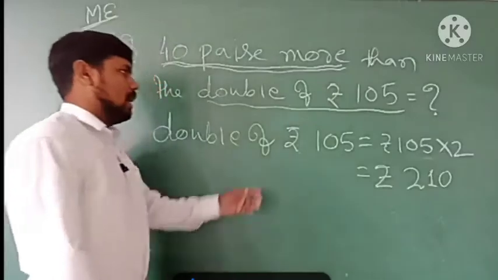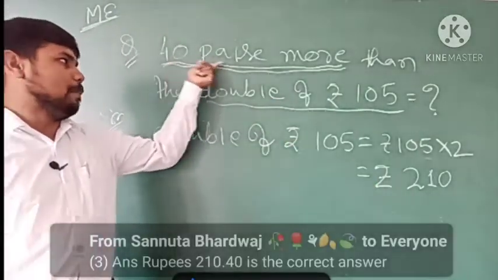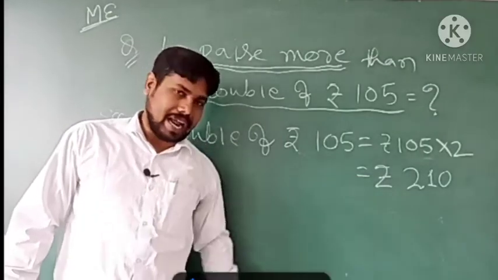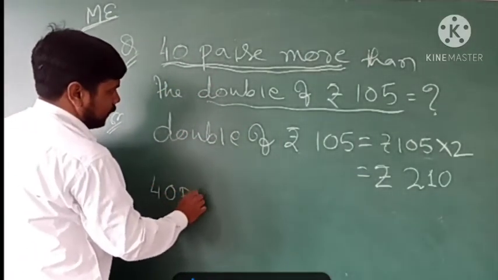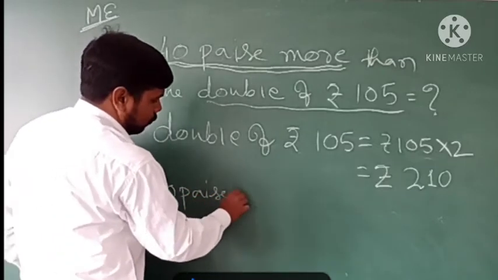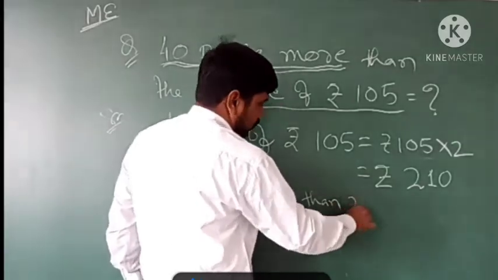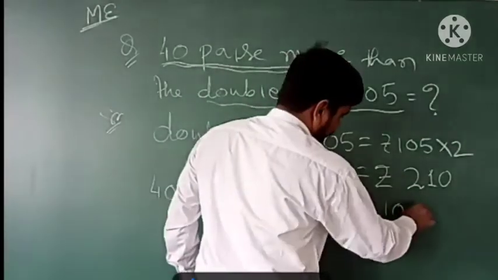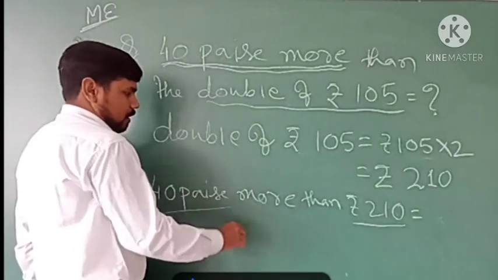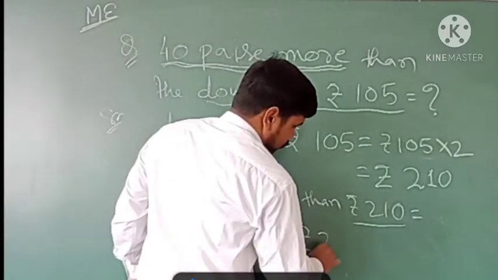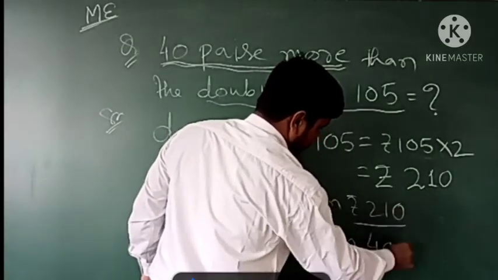So the double of 105 means 210 rupees. Then 40 paise more, so you have to add 40 paise. So 40 paise more than rupees 210 is equal to 210 plus 40 paise. So it will be rupees 210 and 40 paise. Very simply, this will be the answer.